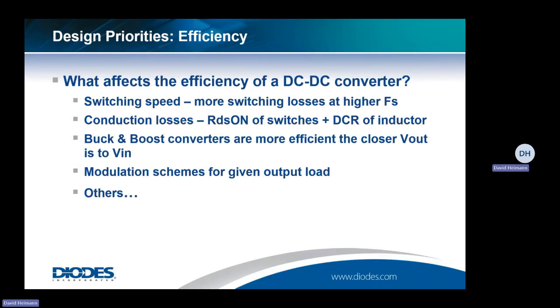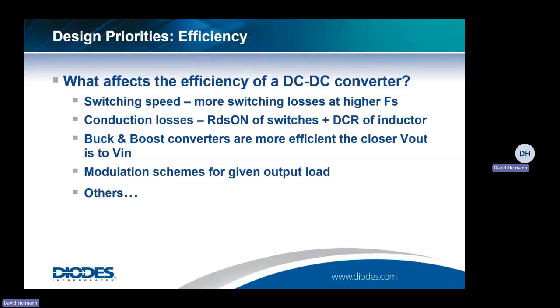So what affects the efficiency of a DC to DC converter? Switching speed obviously has a pretty significant effect on how efficient a converter is going to be. Other things are conduction losses in buck and boost converters. Another thing that affects efficiency is how close the Vout voltage is to the Vin voltage.